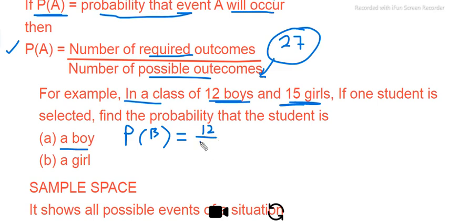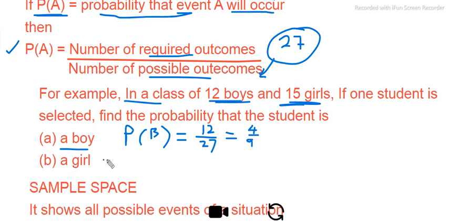We have 27 students. So the required outcome here is 12, the number of boys in the class. Then the possible outcome here is the total number of students in the class. So the probability that the student selected is a boy will be 12 over 27. And when we reduce this, we are going to have 4 over 9. I believe you understand that.